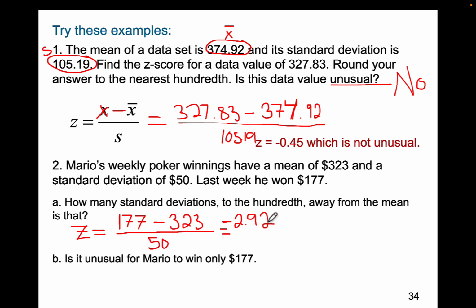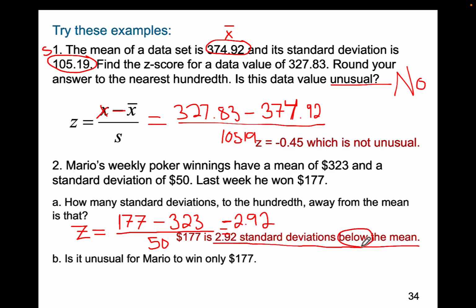The question, though, was how far away from the mean is that? So we would answer it like this. $177 is 2.92 standard deviations below the mean. Why do we say below?